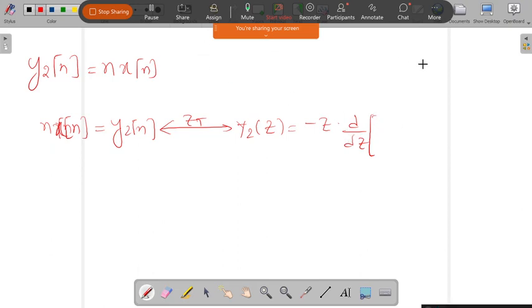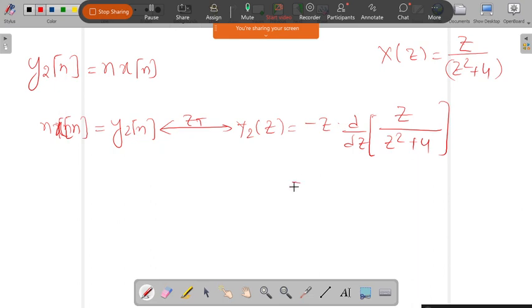So now we had X of z equal to z by z square plus 4, right? So this is the x of n which is given. Now n into x of n, which is nothing but y2 of n, we have to find y2 of z, which is equal to minus z into the differentiation of x of z, that is z by z square plus 4.